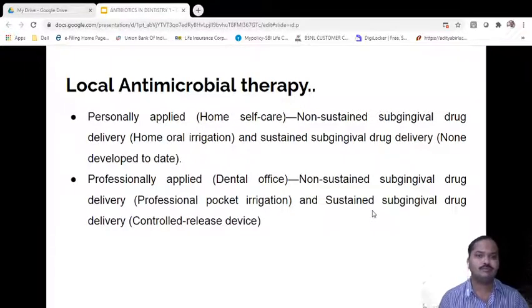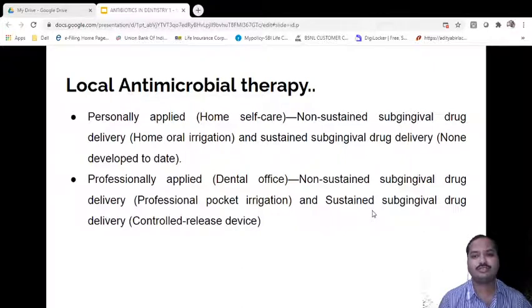The home self-care or personally applied regime has non-sustained subgingival drug delivery, which may include oral irrigation by the person, and the sustained type will have the subgingival drug delivery system. Actually, no such system has been developed which is very much sustained in the sulcus.